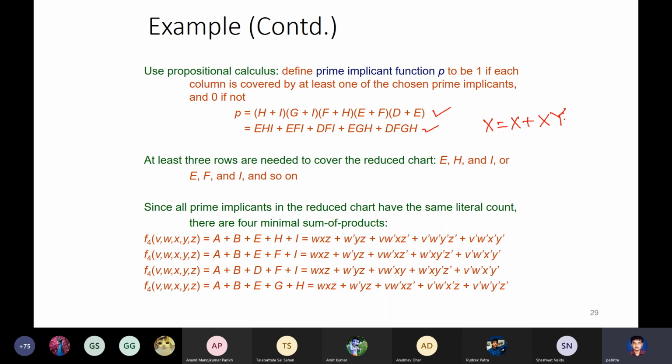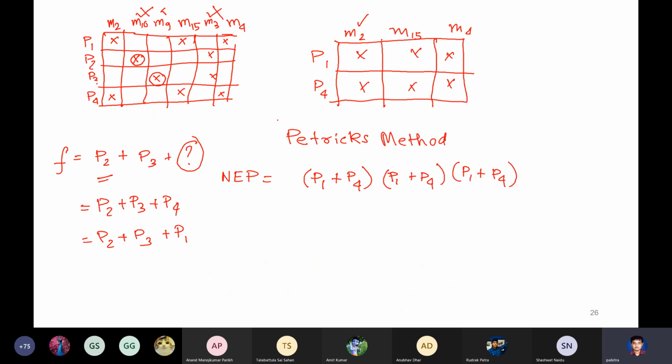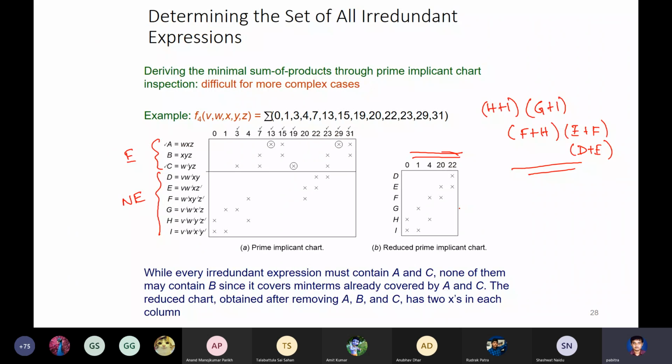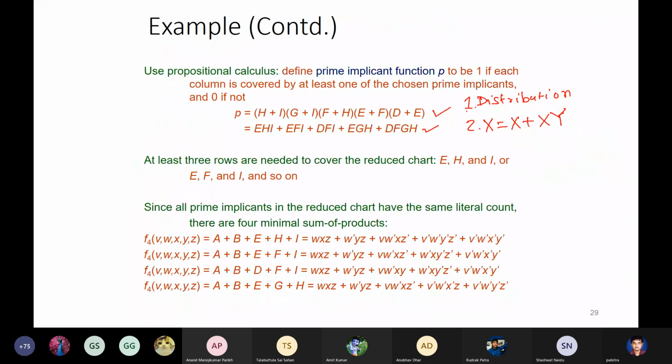So it is distribution followed by this reduction. If you do that on this formula that I have got here, it is very trivial. Let's say this formula that we have got, you will get a reduction.